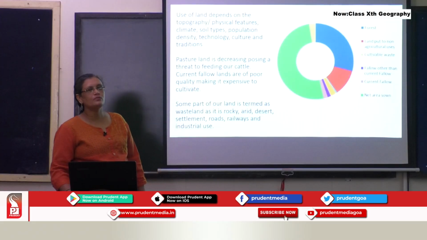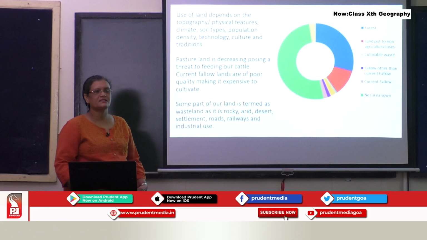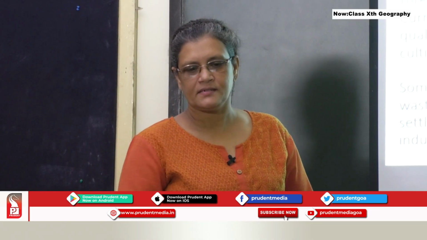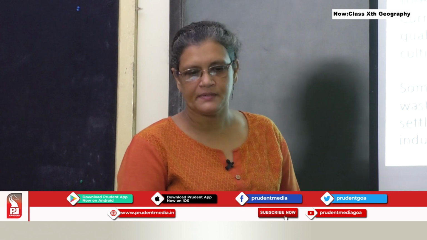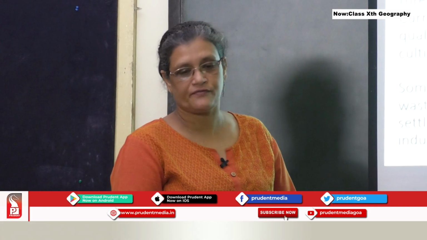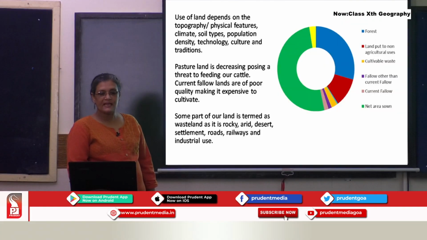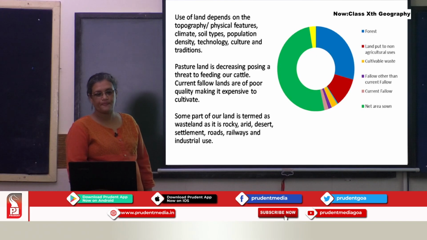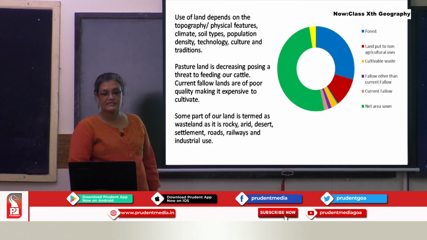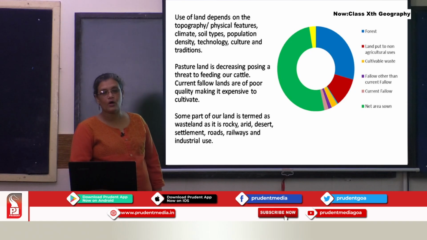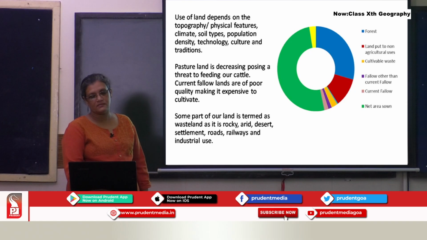How do we make use of this land? Are there any factors which help us to use the land for a specific purpose? Yes, there are certain factors that contribute to usage of land, like use of land depends on the topography or the physical features, climate, soil types, population density, technology, culture and traditions.